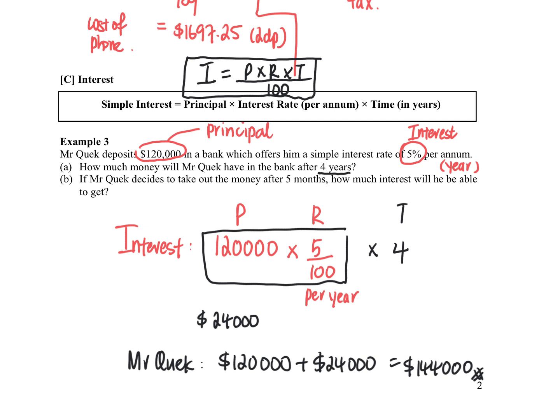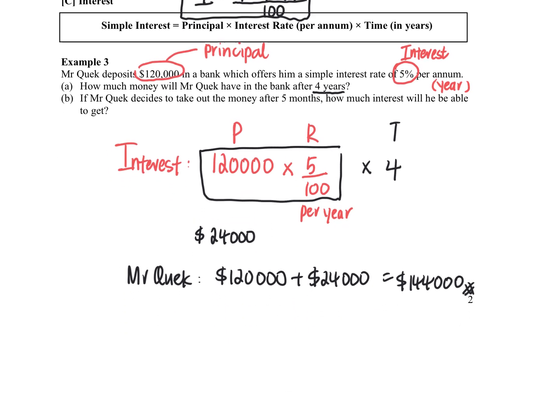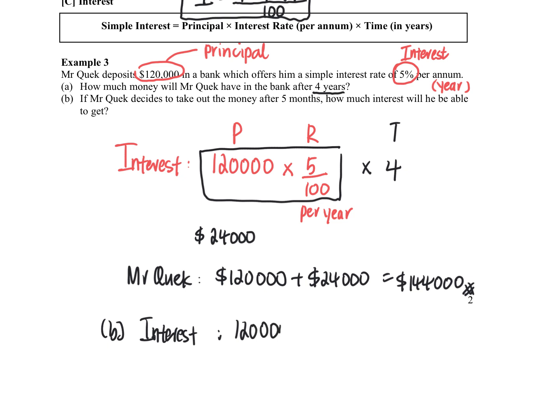Okay, then they say, what if Mr. Quek decides to take out the money after 5 months? Doesn't want to put for the whole year. Same thing, let's calculate interest. This is the amount I put in. It's going to give me 5% every year, but instead of 4 years, I only put 5 months.